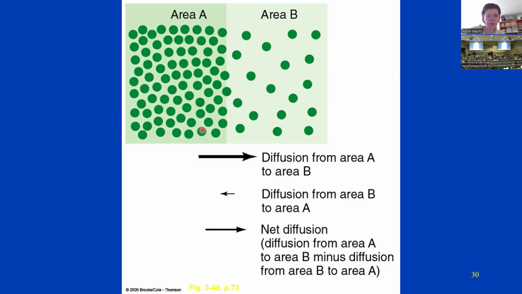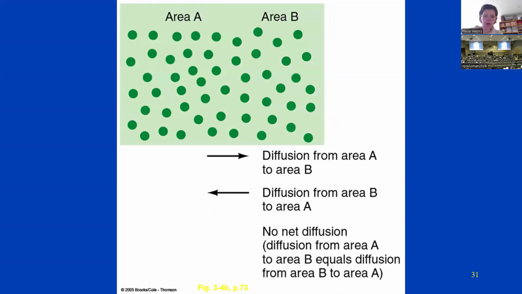But look at this, the bulk movement is going to be from the higher concentration to the lower concentration of solutes. And a very small number of molecules is going to go back to the other side, but it's really overpowered by the whole bunch of molecules going this way. So when you take away the ones that are going backwards, you get the net diffusion going in the direction of higher concentration to lower concentration.